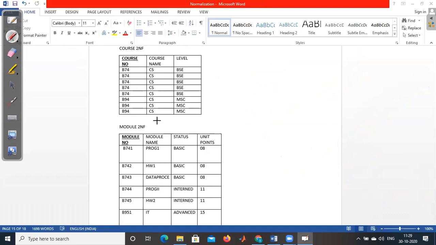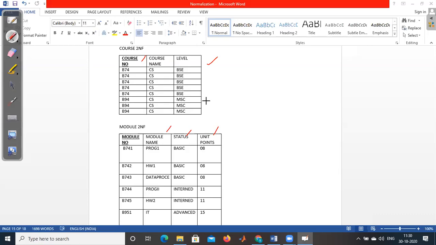Okay, students, see, we have decomposed the given relation into three relations as second normal form. So course name and level depend on course number only, and module name, status and unit points depend on module number. The third table is also in second normal form.